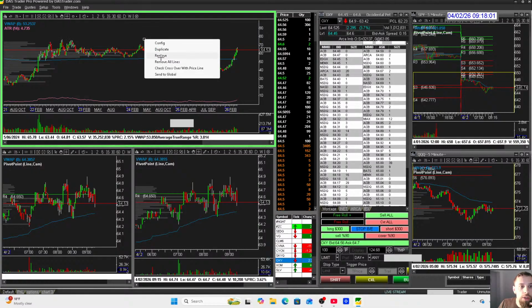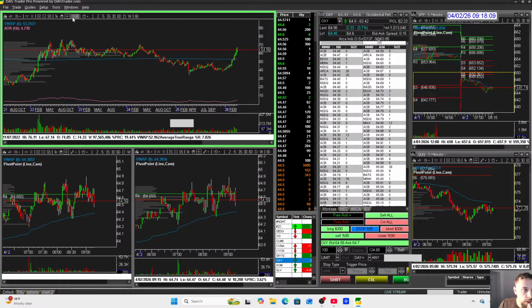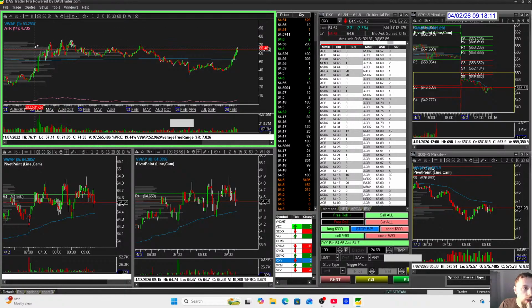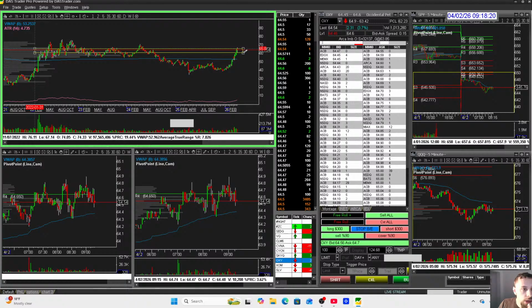Might as well get the rectangle going there. Let's see. Actually, let's redo that. So to me, 65 looks good. Area of resistance. Area of support being the low of this weekly candle around $60.